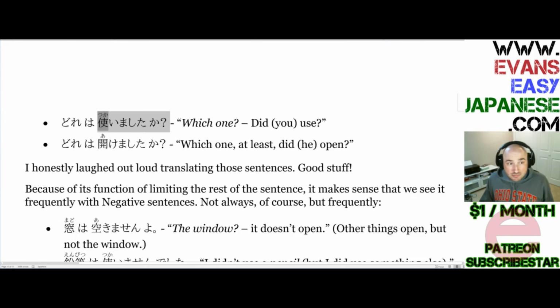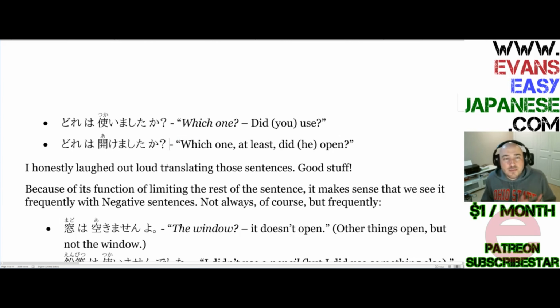Did you use it? Which one is it that you did use? I'm asking if you did use the thing that I don't know what it is. If that makes any sense. Dore wa akemashita ka? Which one is it as opposed to other ones? I'm asking about which one, not other ones. Did you open it?